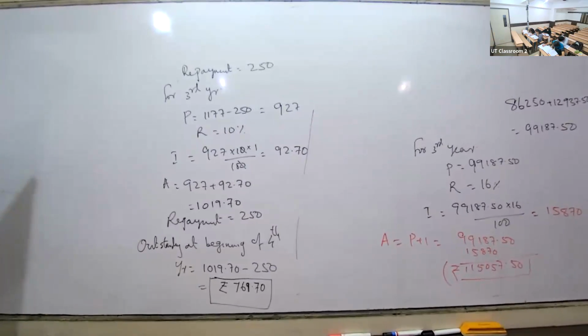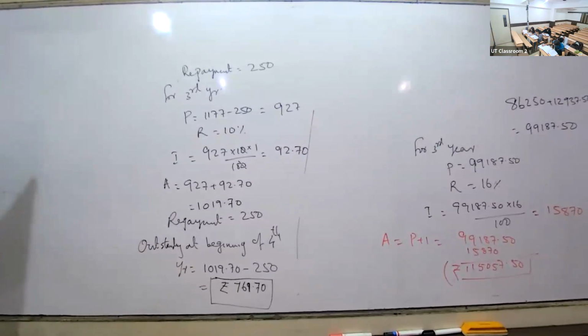Okay, so for the first year, P is equal to 2,500. R is equal to 12%. T is equal to 1. I is equal to PRT upon 100, which is 2,500 into 12 into 1 upon 100.